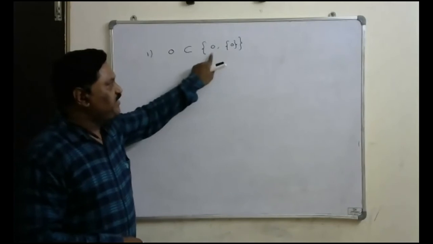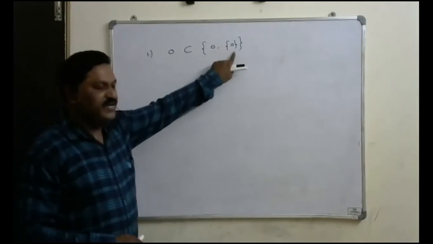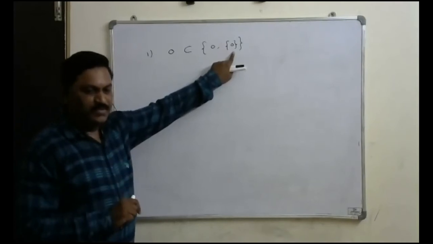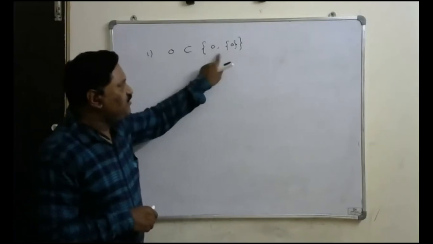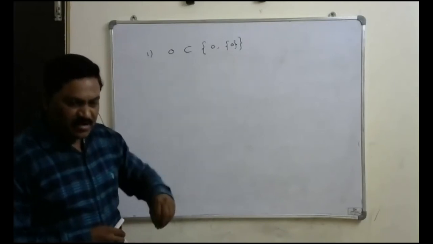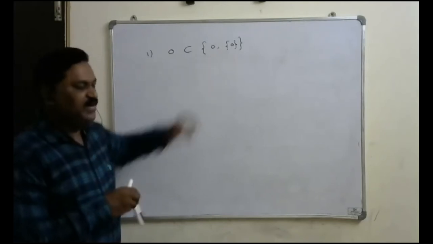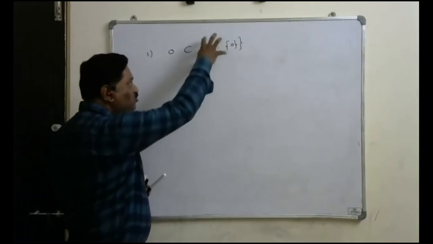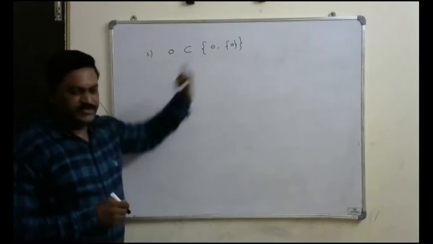This set contains two elements, one is 0, another one is the set {0}. You have to read it as the set of 0. This is one set and this 0 is one element. This entire set contains two elements, and 0 is one of the elements. That's why you can write that 0 belongs to this set.